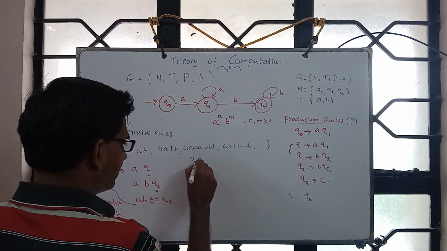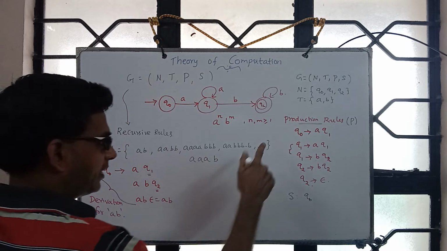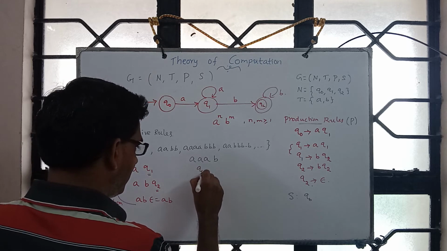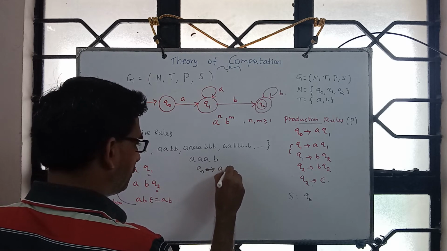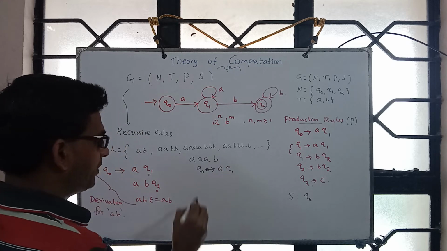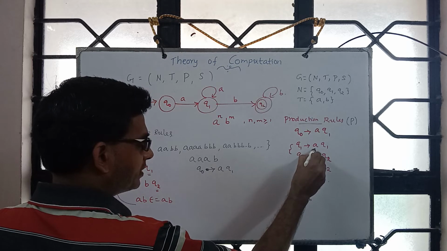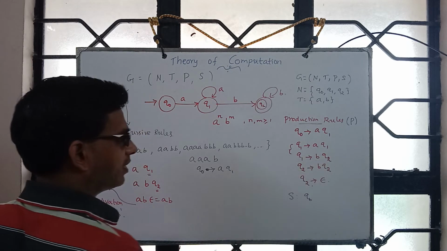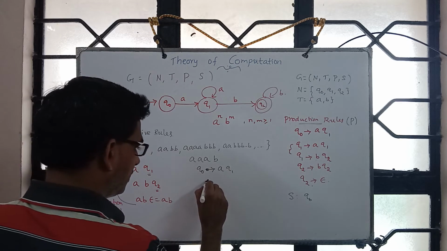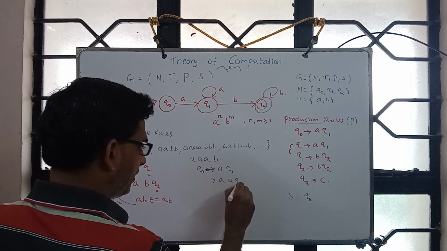Supposing you want to generate this string, again I should start from the start symbol. So Q0 implies A Q1. Remember, I need some more A's. So between these two, I'll choose this because it begins with A. If I choose the other, then you won't be able to generate this. Then again, I replace this with A Q1.